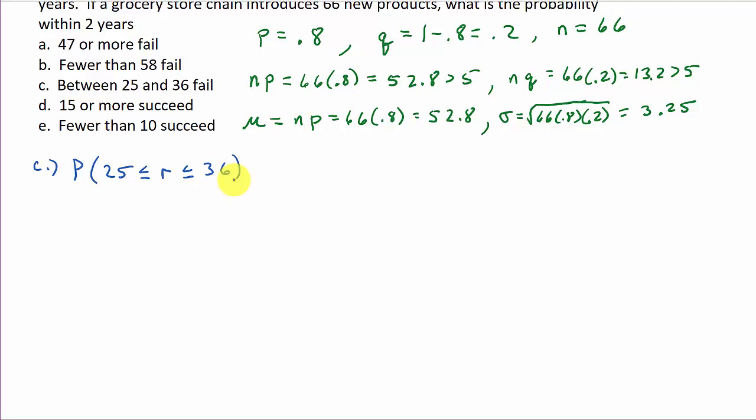Actually, on this one, between 25 and 36, I think there's a different way to interpret it than what I've written down, where you don't include the 25 and the 36. Where it's everything between the numbers, or you can say it's between these two numbers but also including them. That's something you might want to discuss with your teacher. The book that I'm using, I looked at one of the examples in the section.